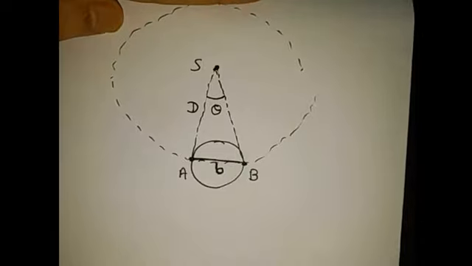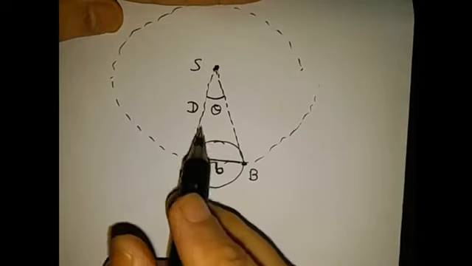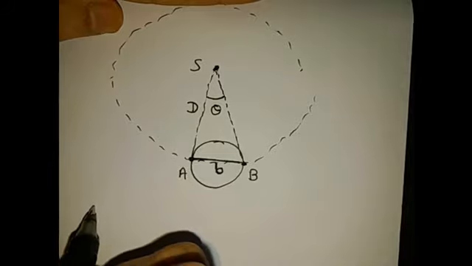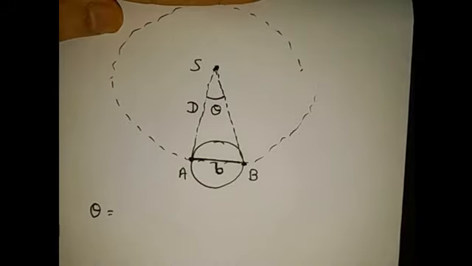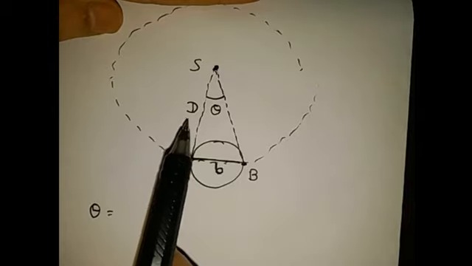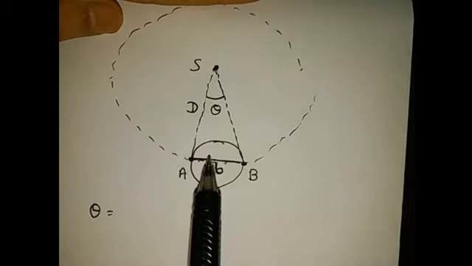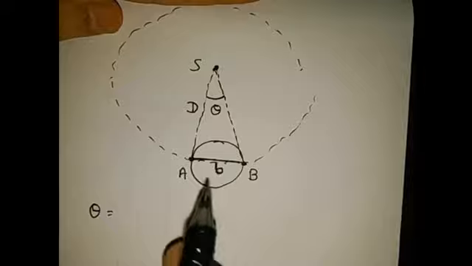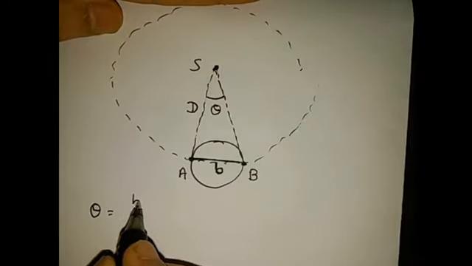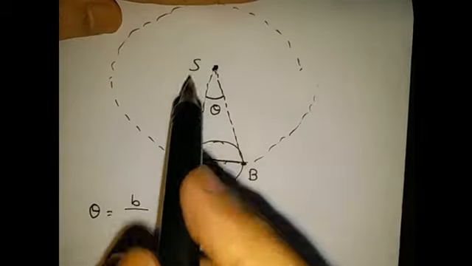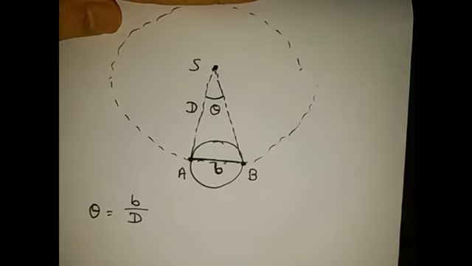Okay, now you have to consider the definition of angle. According to the definition or formula of angle, theta equals length of arc divided by radius. Can you recall that formula? First lecture. Angle is equal to length of arc divided by radius. So AB is the arc, and its length is b, divided by the radius. The radius of this circle is AS, which is equal to D. Right?